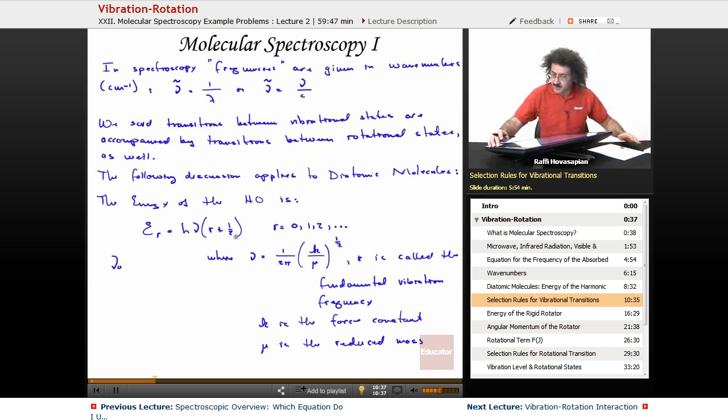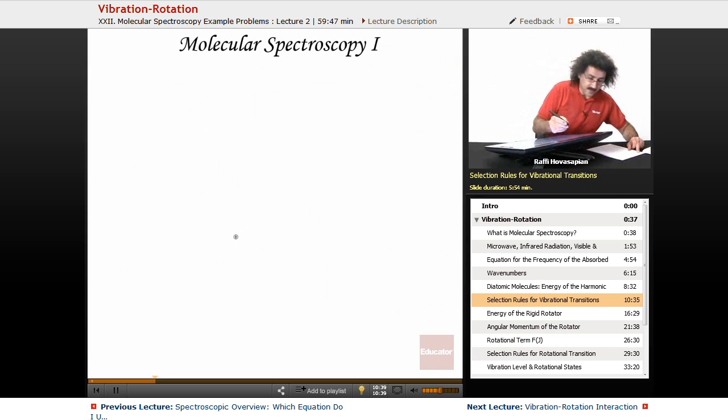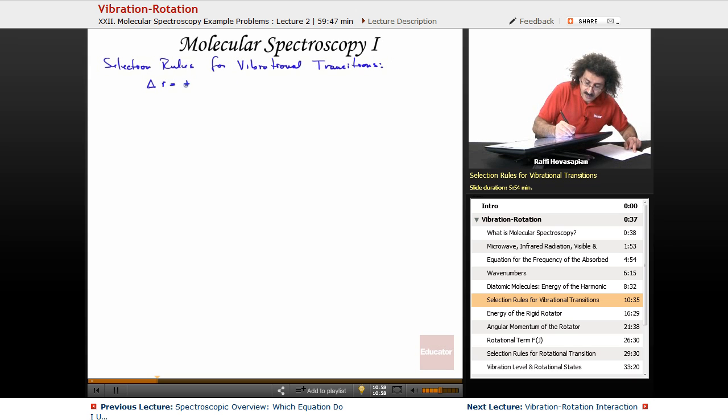Okay. There are selection rules for vibrational transitions. And those selection rules are that delta r equals plus or minus 1.